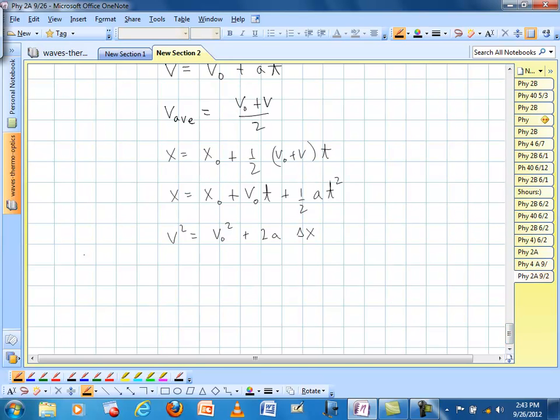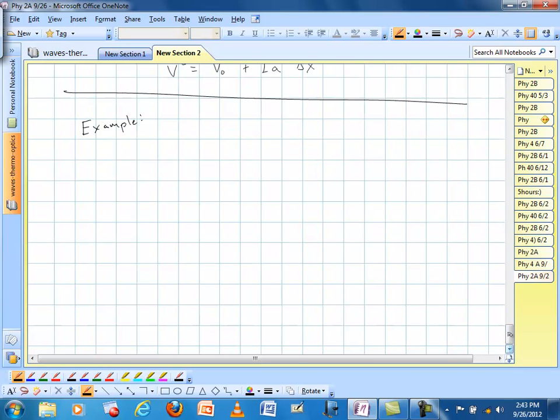So let me do a quick example. Let's say we are dropping something off from the top of a cliff, and we have a little object here, and we just drop it.